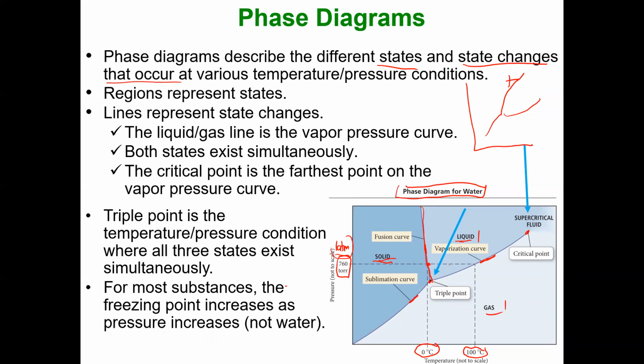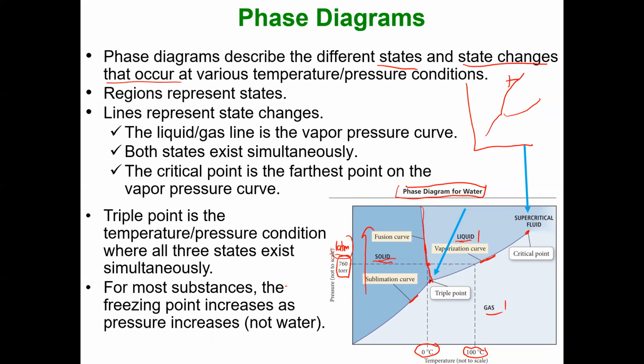The solid is less dense because it has an open lattice cage structure. That's unique. All other substances, the solids are more dense. So as a result, when we increase pressure on the surface of ice, it causes it to melt because we're squeezing it down and we're actually making the particles get closer.